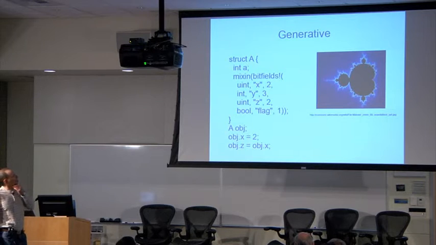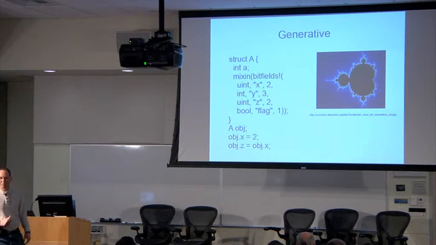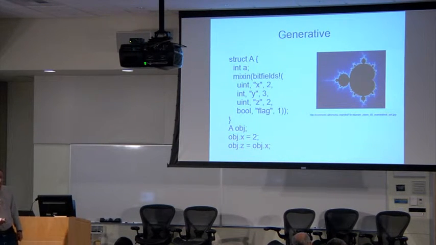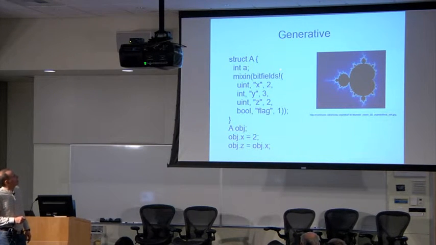Okay, the next kind of programming is generative. This is the Mandelbrot set, which is an example of generative art. D does not have bit fields. But it turns out, and this was developed by Andrei as well, you can create a template called bitfields, of course, which you can pass the types of your bit fields, the names of the fields as a string, and how many bits they consume, and you give a list of these.